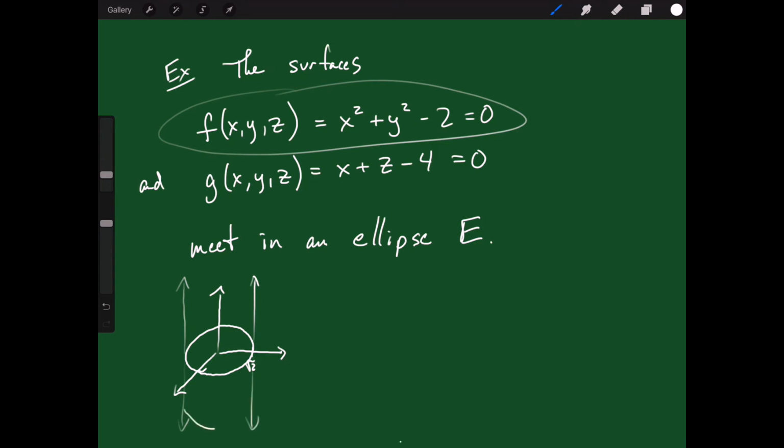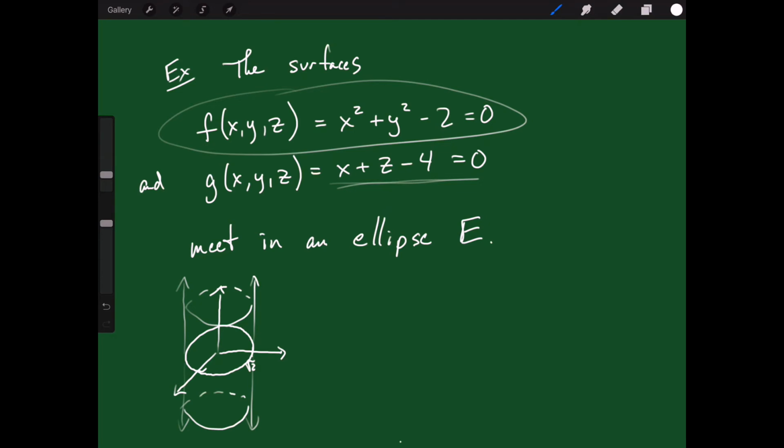And so this would create this cylinder, correct?